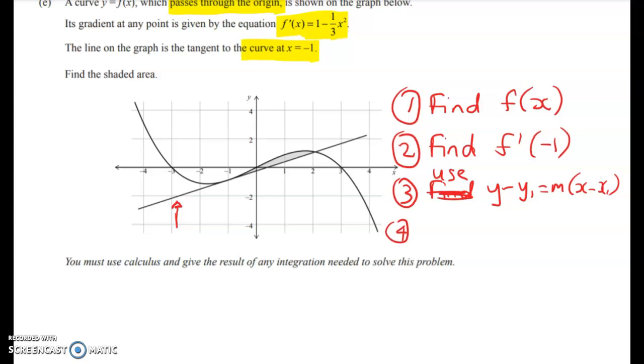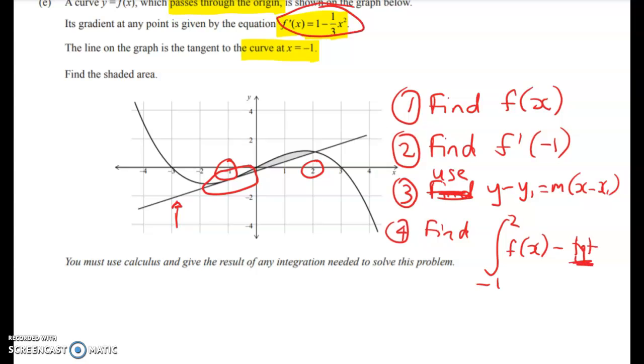Now we're integrating between two curves. So we're just going to use this limit of integration in this one. And we're going to find the integral between 2 and -1 of the top minus the bottom line. So it's going to be f of x, because everywhere in that region the curve is above the line, minus the tangent equation. Now notice that the tangent equation is not obviously the same as just the gradient function.